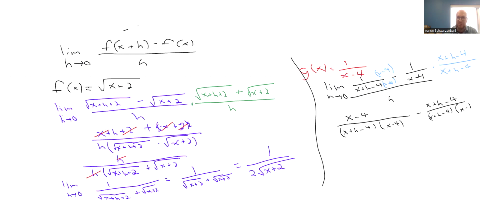And I wrote the denominators in the same order. I'm going to go ahead and, oops, I should probably write the all over h part.